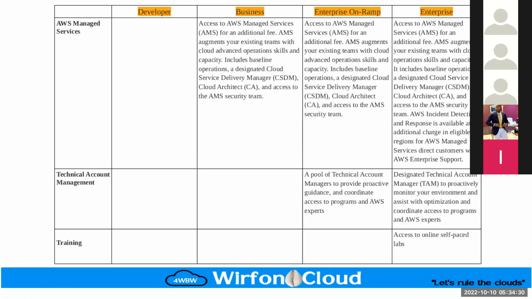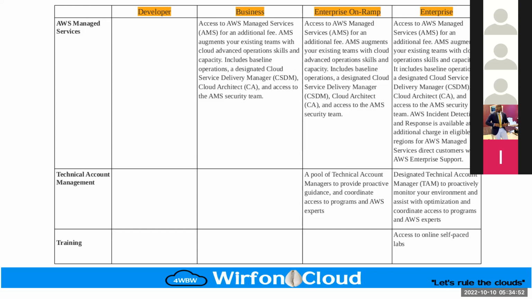So for the training, the developers have no support for this. Business has no support for it, and Enterprise On-Ramp no support. And for enterprise, you have access to online self-paced labs.